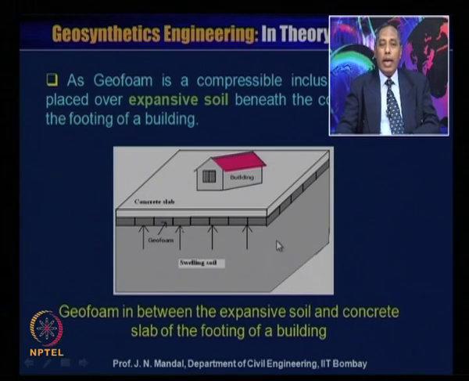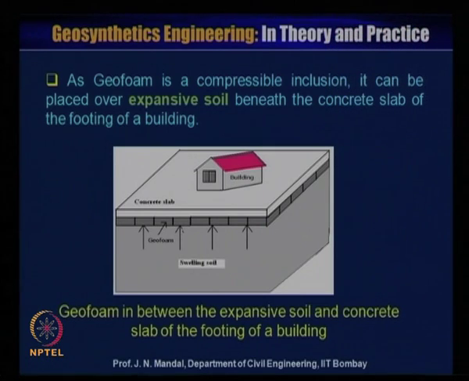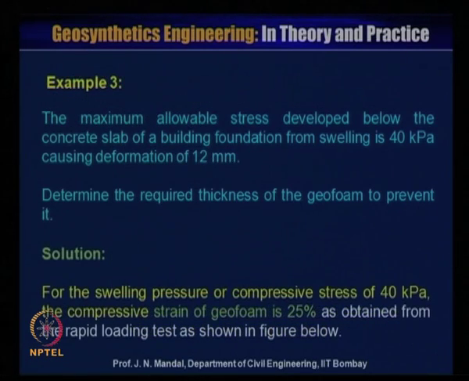So here, as the geofoam is a compressible inclusion, it can be placed over the expansive soil beneath the concrete slab of the footing of a building. So example 3: the maximum allowable stress developed below the concrete slab of a building foundation from swelling is 40 kilopascal, causing a deformation of 12 millimeter.